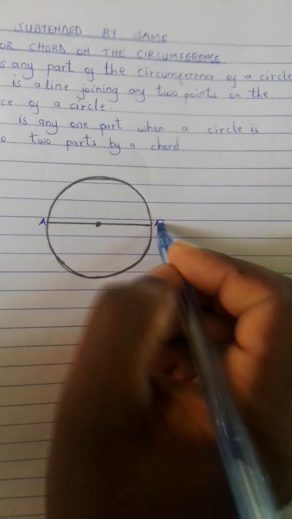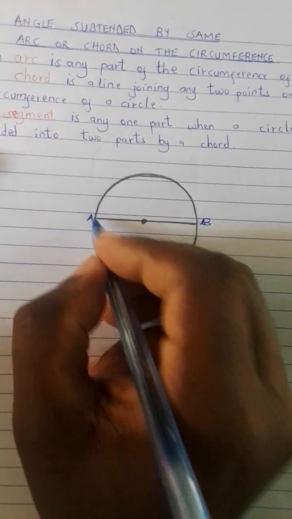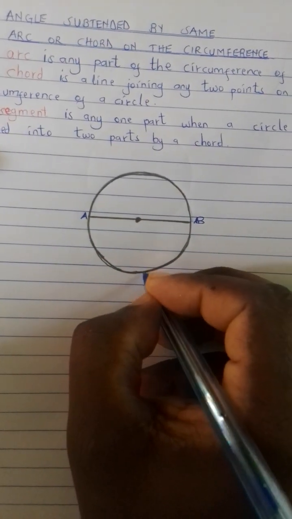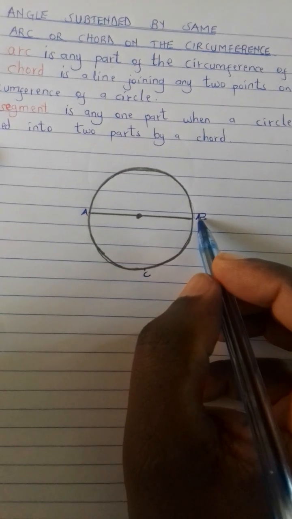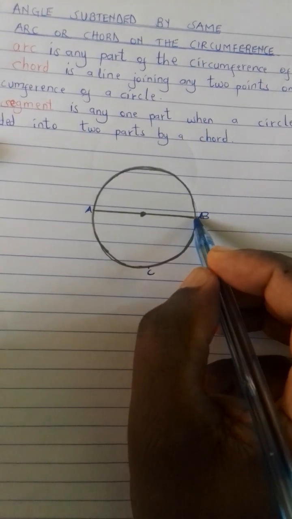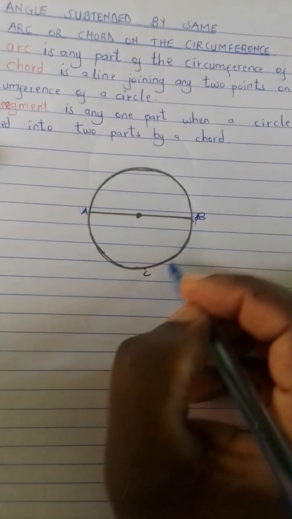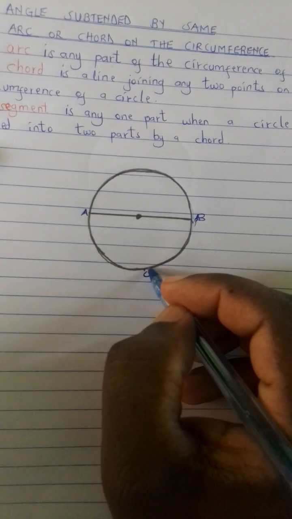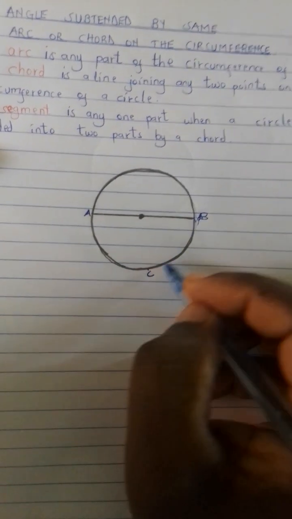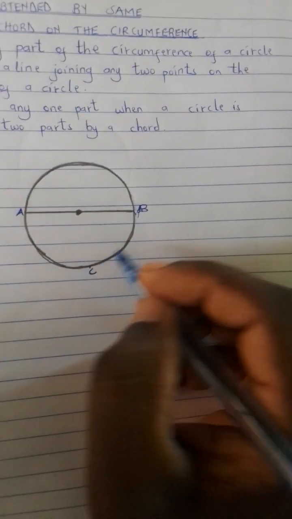You can say even arc A B C at this point. Again you can say arc P C, from P to C. That is part of the circumference. So any part of the circumference is the one that we call the arc.